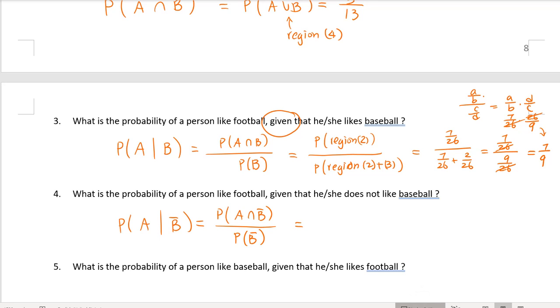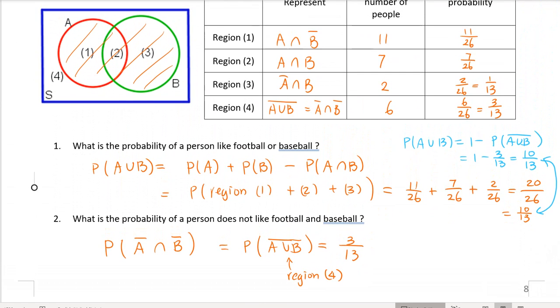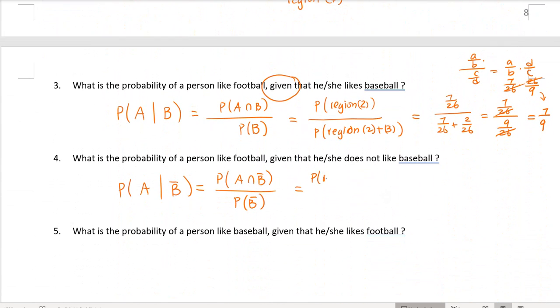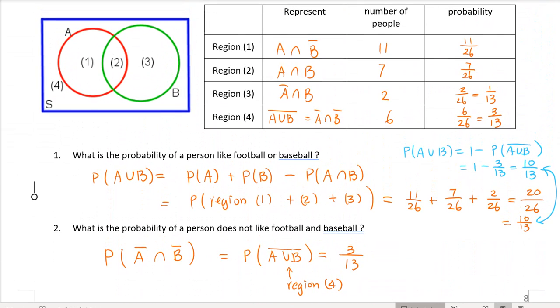And A and B complement, that is region 1, right? And what is the B complement? B complement is outside of B, so regions 1 and 4. So in the numerator, we have region 1. The denominator, we have regions 1 and 4. So region 1, we have probability 11 over 26.